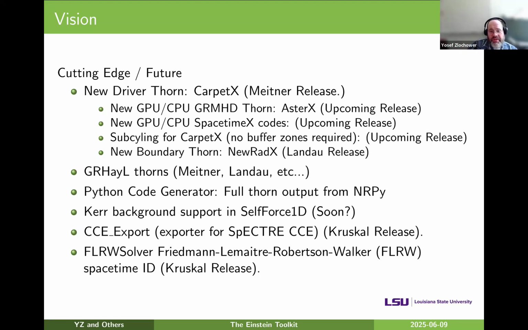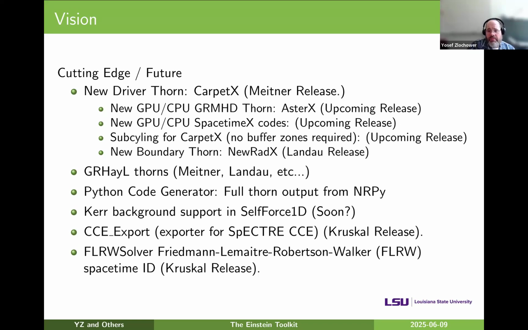There are new GPU/CPU codes available for the Einstein Toolkit. AsterX is one. There are new spacetime codes; Spacetime X is another. I've written these as upcoming releases. These codes are available, but they're not yet in the toolkit, so you could use them, but they have not yet gone through the rigorous testing that is required to be a code that's in the toolkit itself.